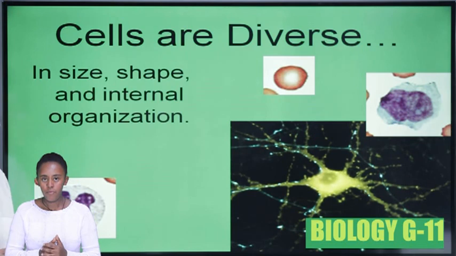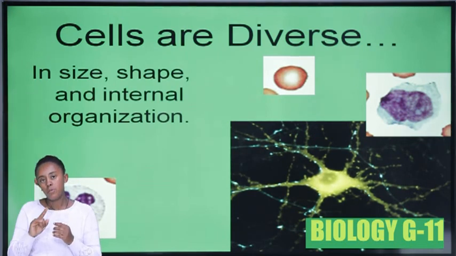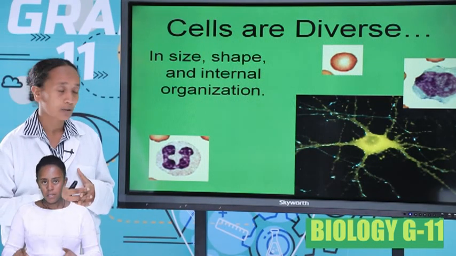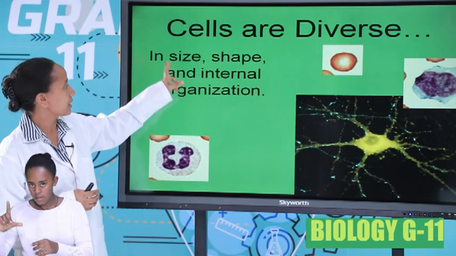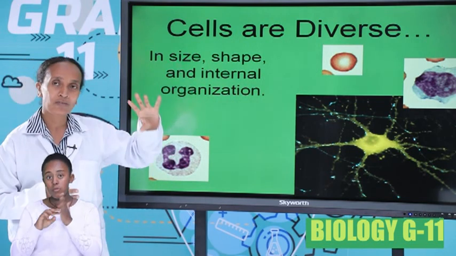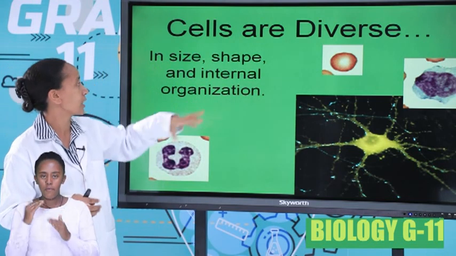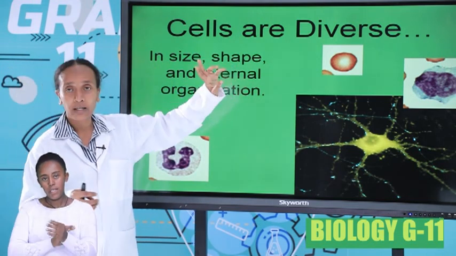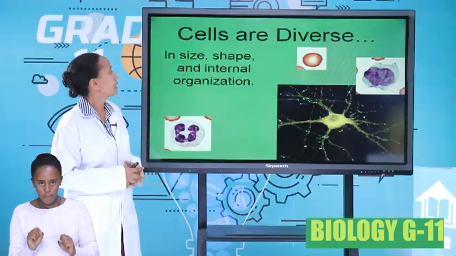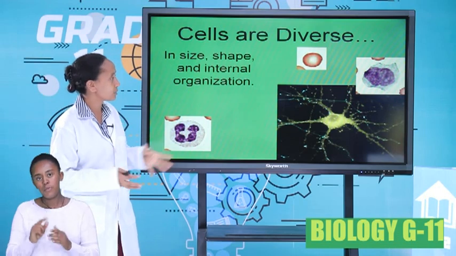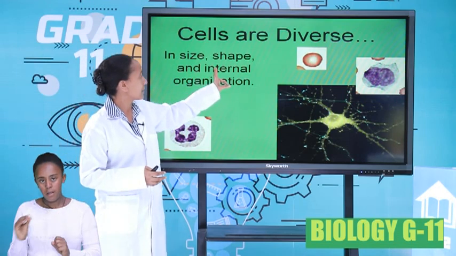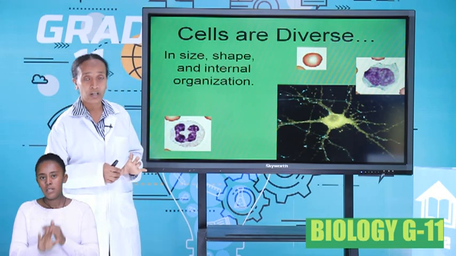The next point that we are going to see is the diversification of cells. Cells diversify in size, which means you can find a variety of sizes of cells. Cells can diversify in shape, the same as size, they have different shapes, and cells can diversify in their internal organization.